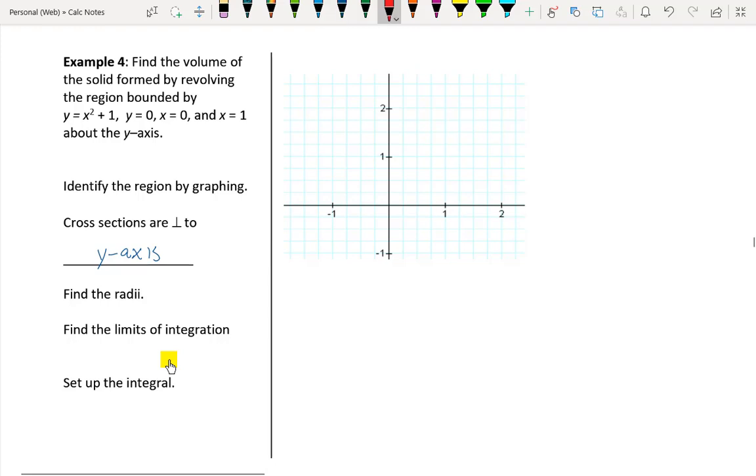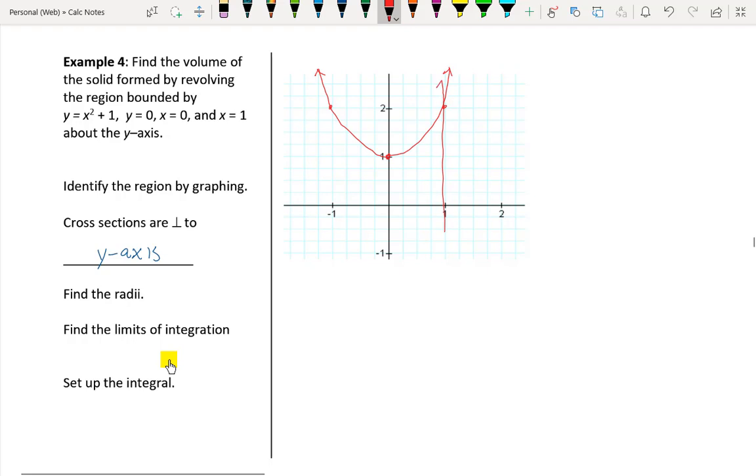So y equals x squared plus 1 would look like this. Okay, and I know that because of the way parabolas graph, it's going to hit negative 2, 2, and positive 1, 2, excuse me, negative 1, 2, and positive 1, 2. Our next function is y equals 0, so that's the x-axis. x equals 0, which is my y-axis, and x equals 1.